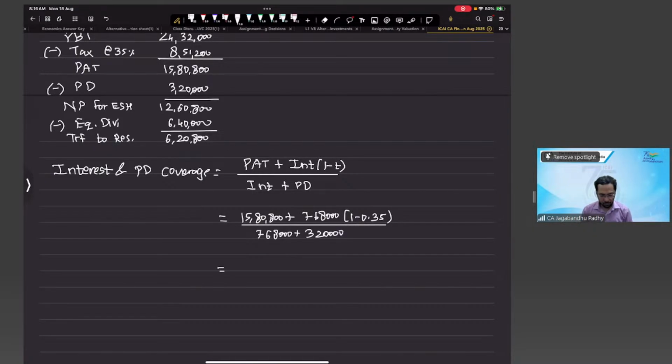So what is this number, guys? Interest and preference dividend coverage.